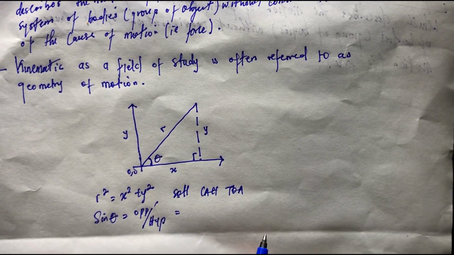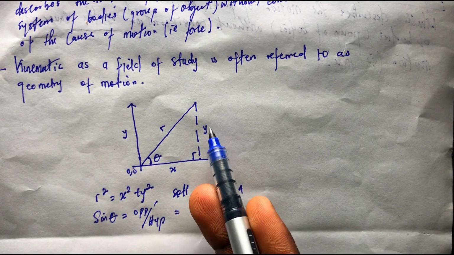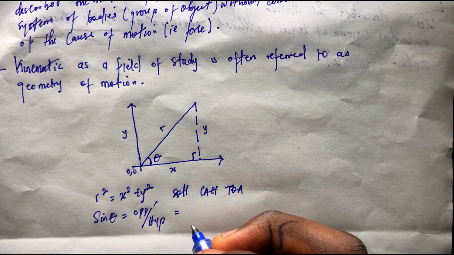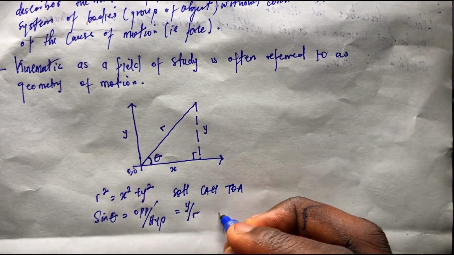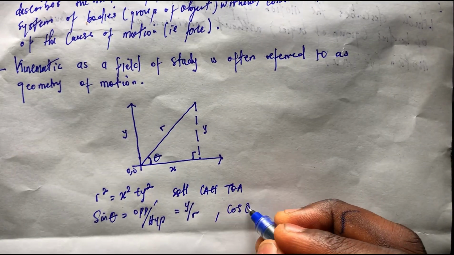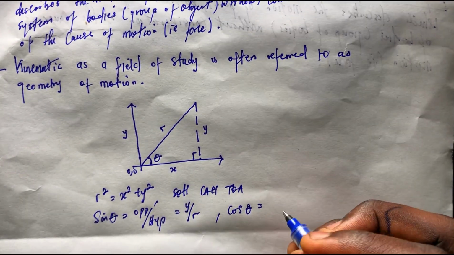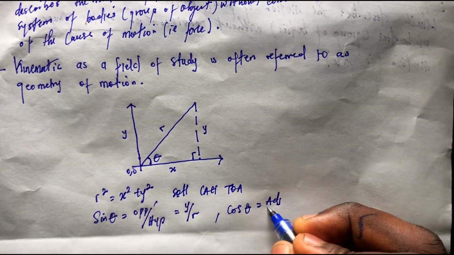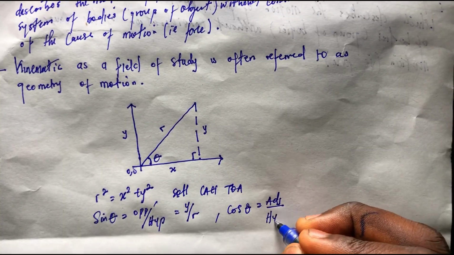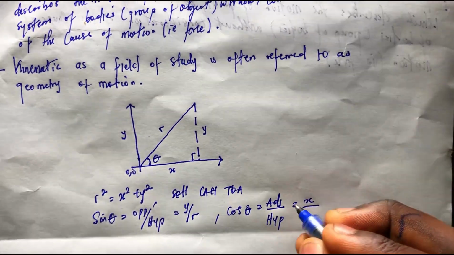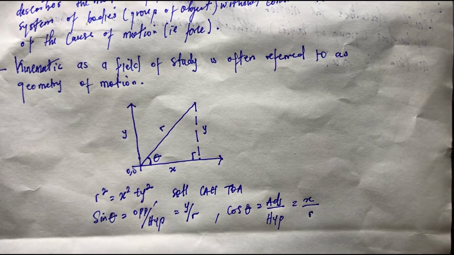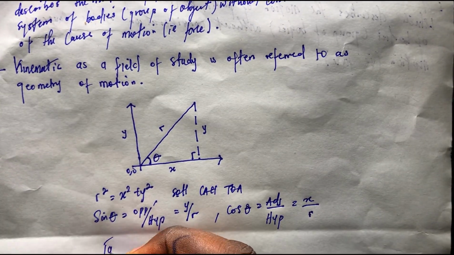To represent it using y and x, the opposite side is my y, over my hypotenuse, which is my r. Similarly, we have cos of the angle theta, which is the ratio of the adjacent to the hypotenuse. My adjacent side is x, over my hypotenuse, which is radius r.